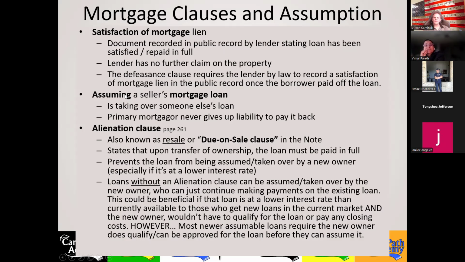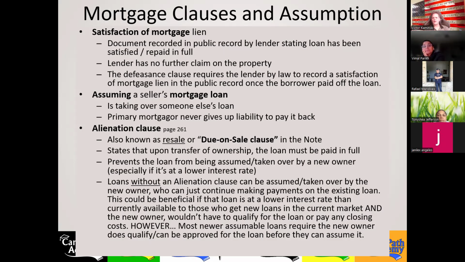Now, assuming a seller's mortgage loan is basically taking over someone else's loan payments, the primary mortgagor never gives up liability to pay it back. So if I am able to sell my house without paying the loan off in full, you could assume my mortgage.